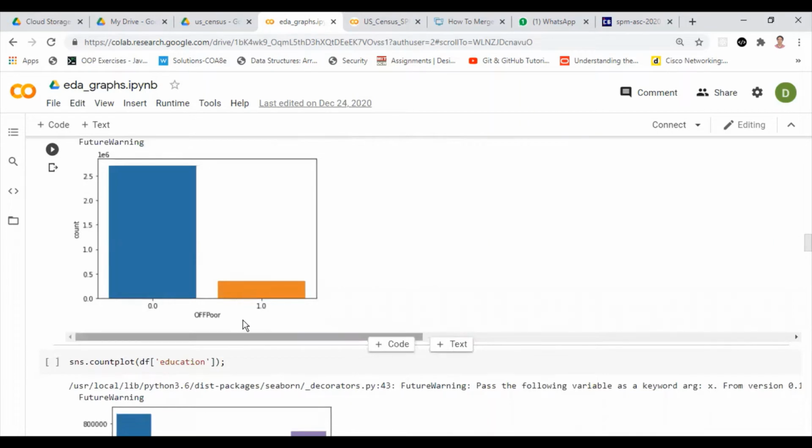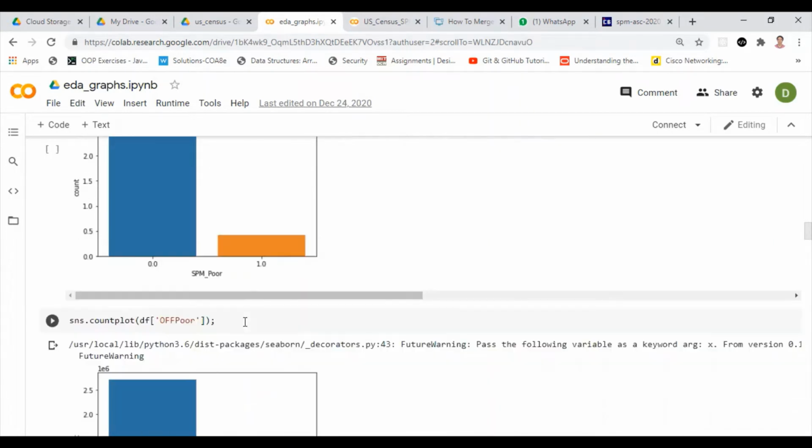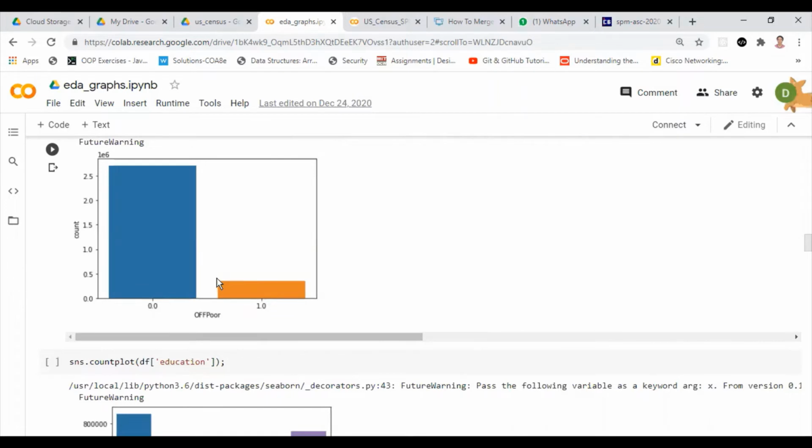Whereas when we take the official poverty status, which is only based on income, we see that the number comes slightly lower than the SPM one.